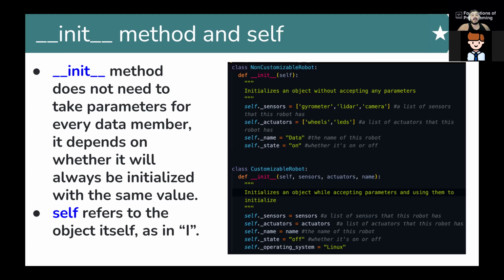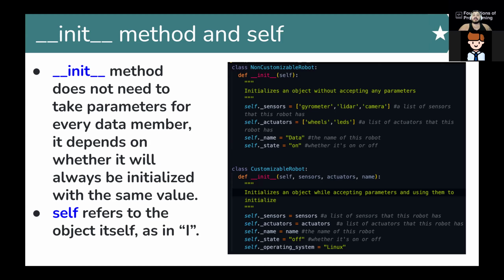Below it, it has four different properties: sensors, actuators, name, and state. And we hard code the definition for these by passing in directly the data that's going to belong here. So here we're saying that sensors has a list of gyrometer, LiDAR, and camera. By default, if we were to create a non-customizable robot class, it'll start off with these values.